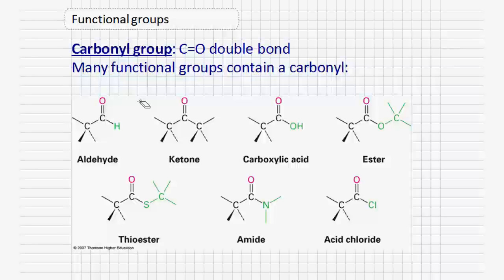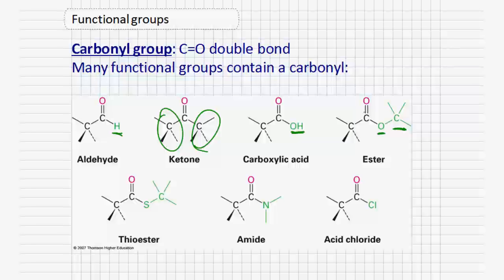Look at this aldehyde, characteristic because it has a hydrogen attached to the carbonyl. Ketones have two other hydrocarbon groups, two other alkyl groups attached to the carbonyl. Carboxylic acid has this OH group attached to the carbonyl. Ester has an O and then another alkyl group attached to the carbonyl.